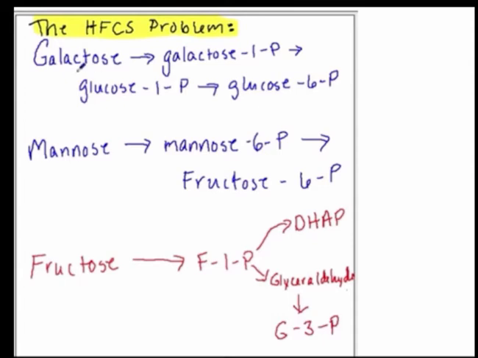Notice galactose, when it enters into catabolism, is converted first to galactose 1-phosphate, then to glucose 1-phosphate, which is then converted to glucose 6-phosphate. So it enters in at the first intermediate that would be formed from glucose. Mannose is converted to mannose 6-phosphate, which is then converted to fructose 6-phosphate, which is just the next intermediate down.